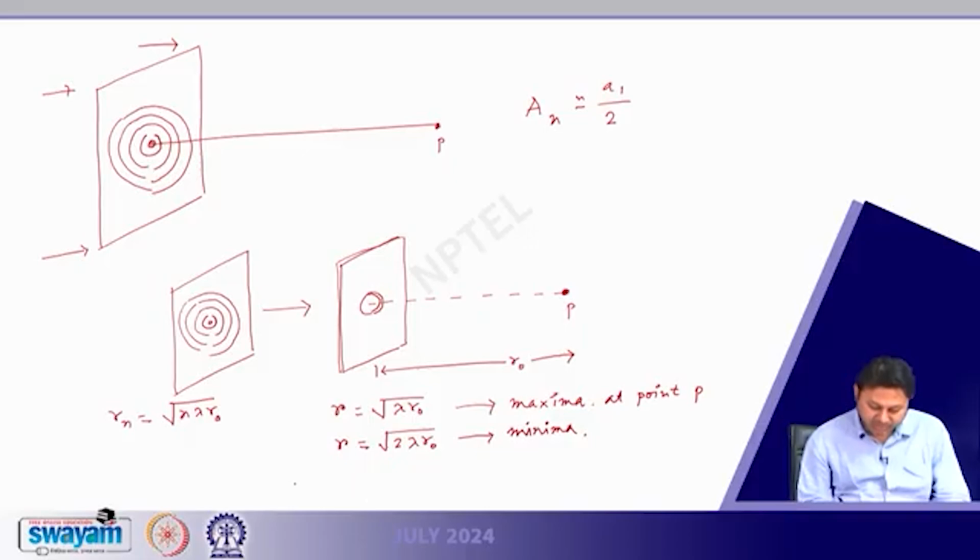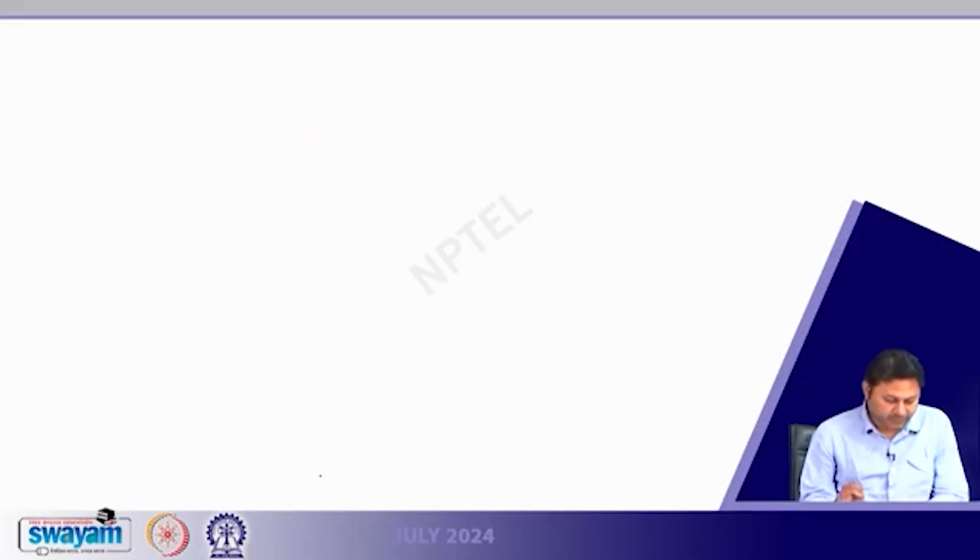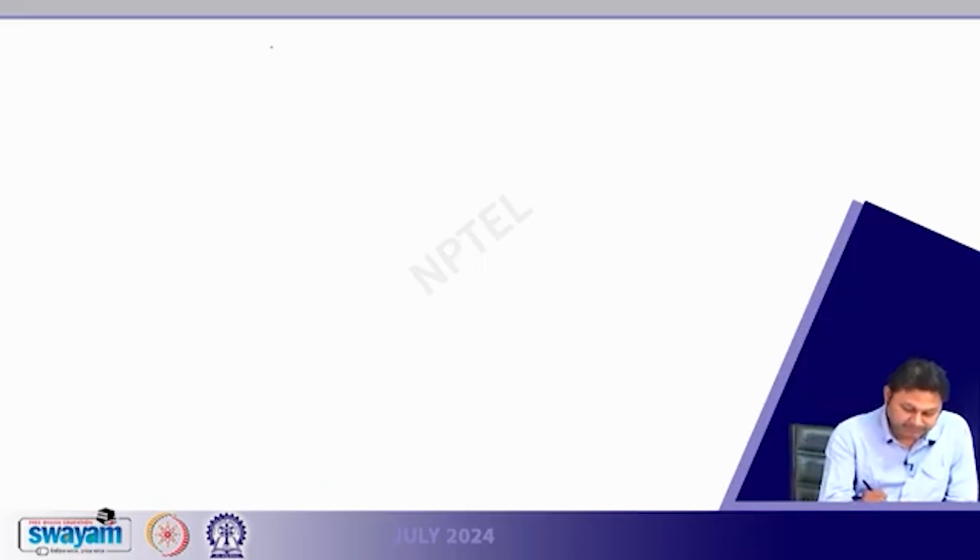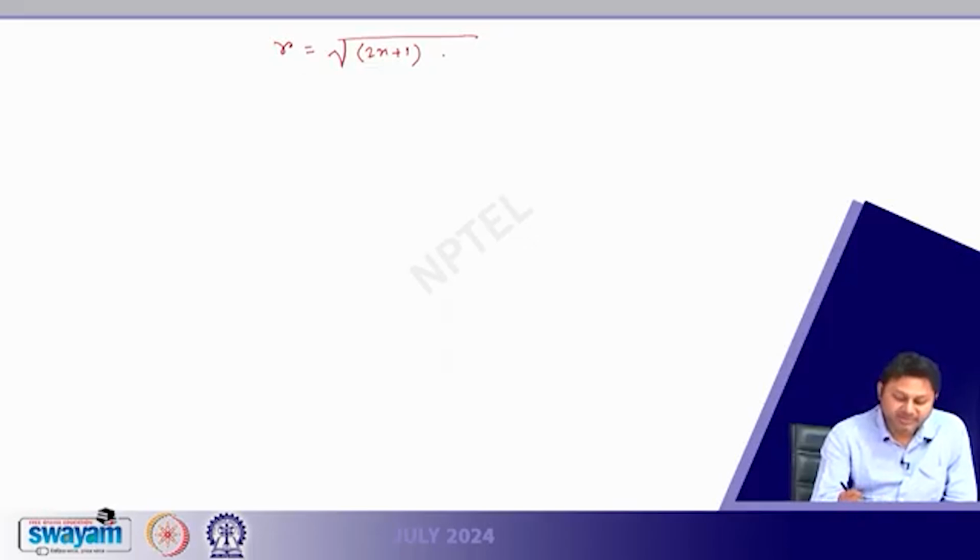So, in general, when R is an odd number, that is 2n plus 1 multiplied, this is the aperture radius we are talking about, circular aperture for example, lambda r naught, then we get maxima.